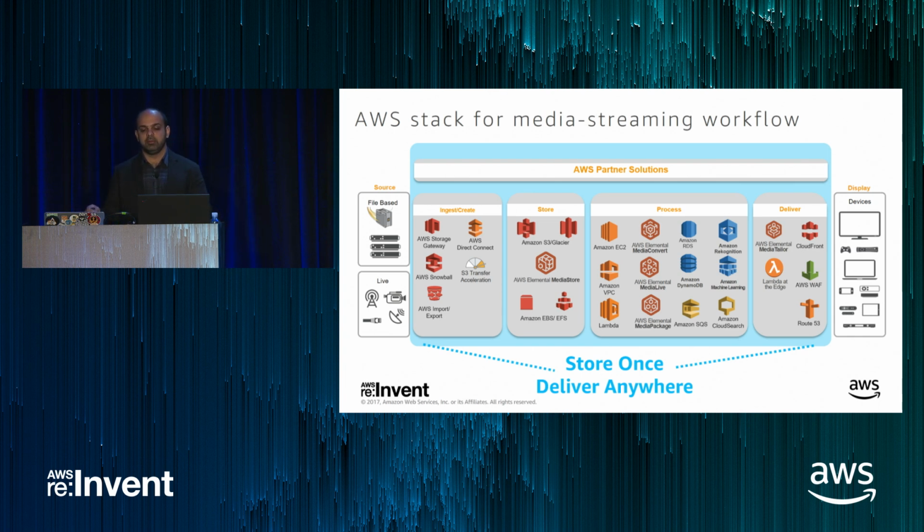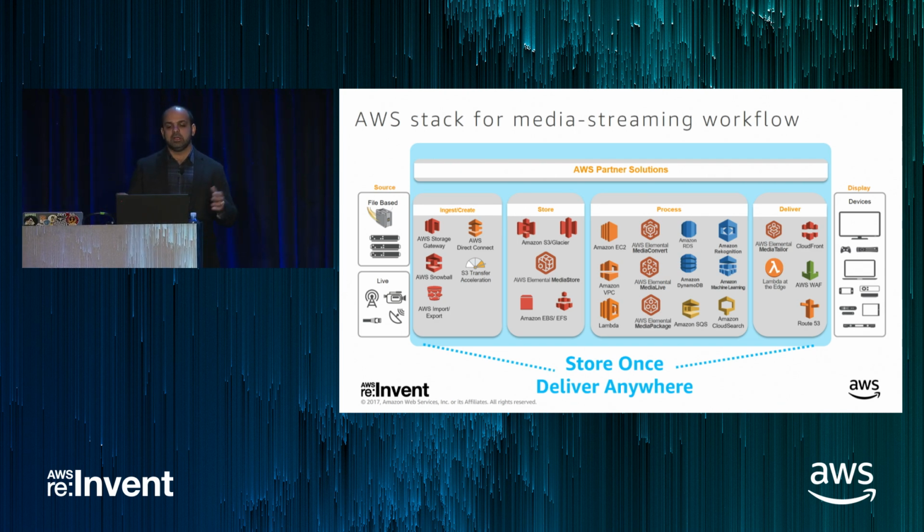And then on the delivery side, in addition to the CDN, Amazon CloudFront, there is AWS WAF for security, an application firewall if you will, Route 53, and Lambda at the Edge, that allows you to do a lot of things from security to real-time log collection from the player, for example, or from the CDN side, and then pushing it back. We also launched AWS Elemental MediaTailor that allows you to do manifest manipulation on the fly to be able to offer server-side ad insertions, for personalized server-side ads.